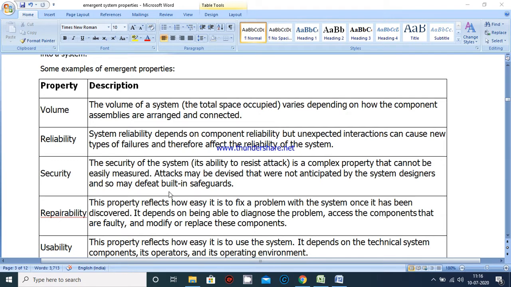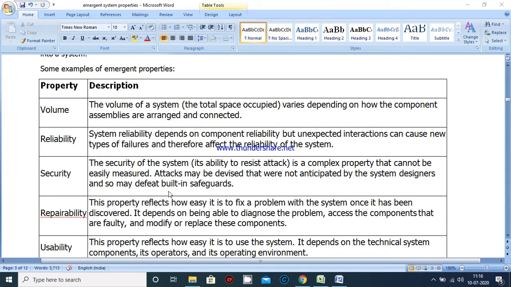There are different emergent properties in software engineering, but the main pillars to take as important are volume, reliability, security, repairability, and usability. So let's explain all these properties in detail.